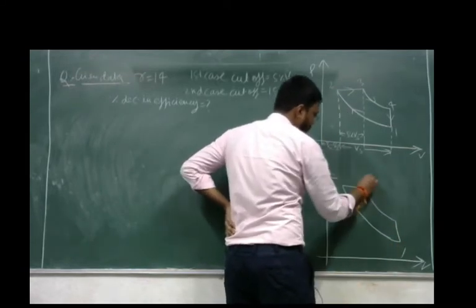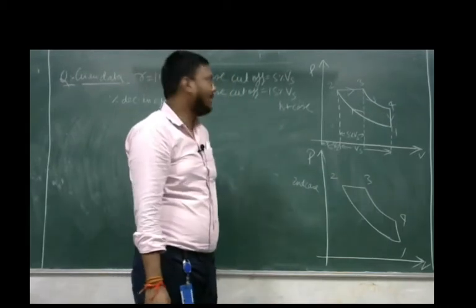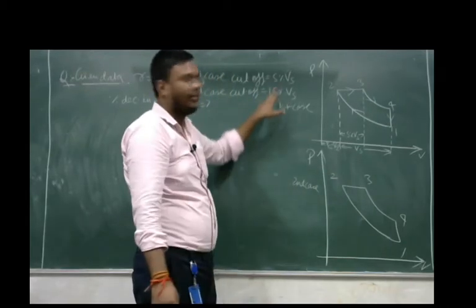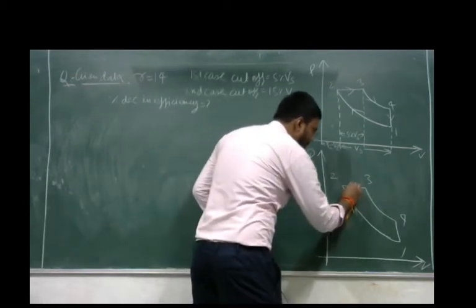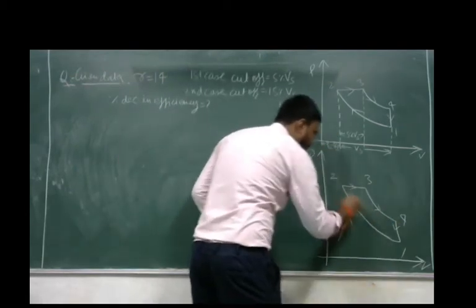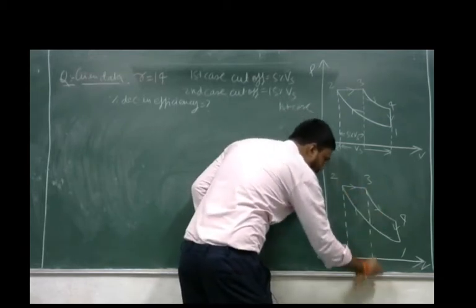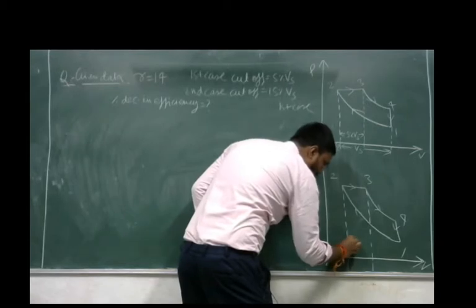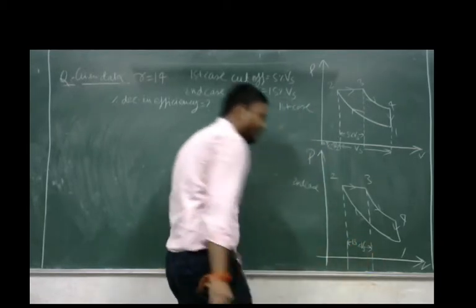1, 2, 3, 4. But in the second case, it is given that the cutoff changes from 5% to 15%. So in this case the volume between 2 and 3 should be equal to 15% of Vs, the stroke volume.